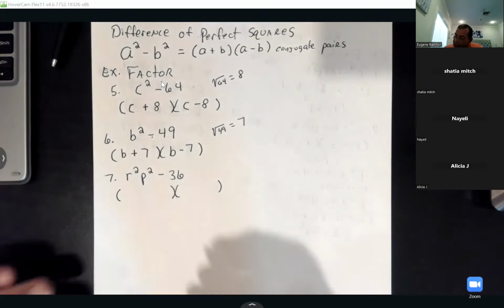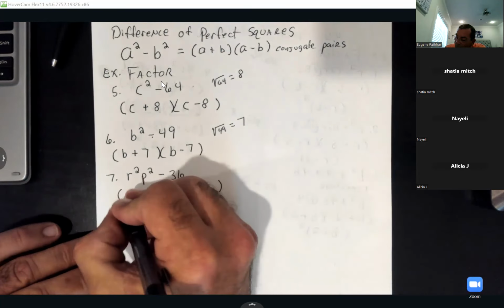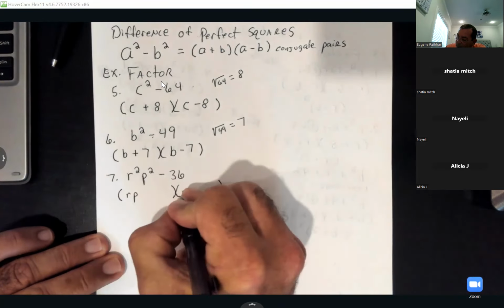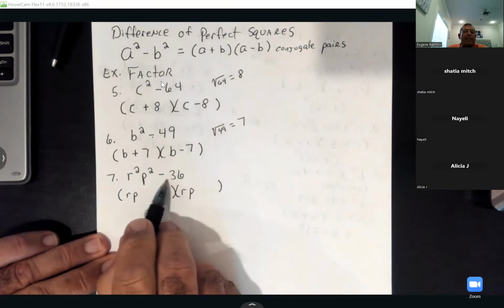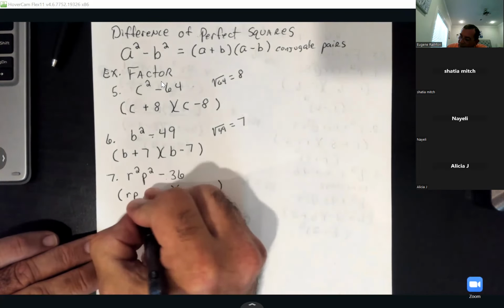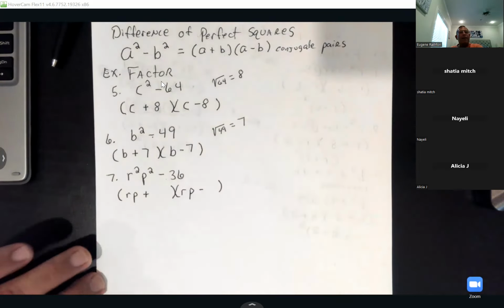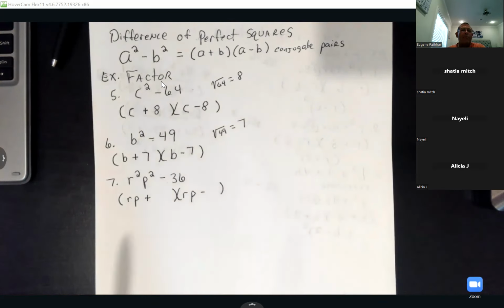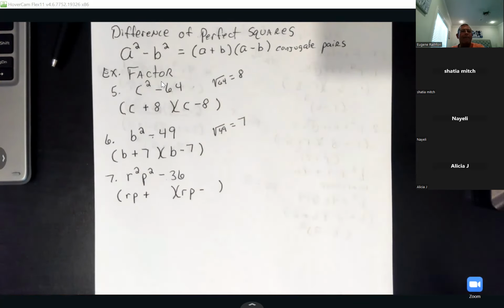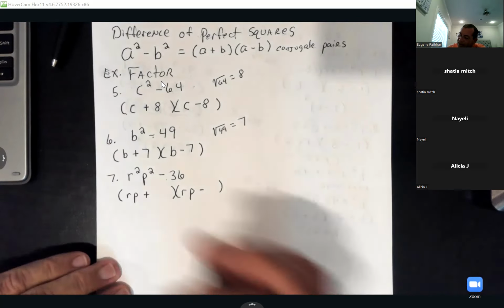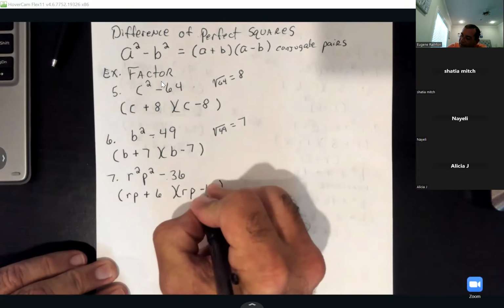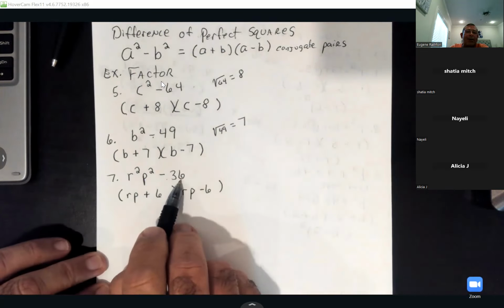Good job, Bree. It definitely is an rp on both. rp, rp. The last number is negative, so once again, we got a plus and a minus. What's going at the back of both of my parentheses? Definitely a 6. So that'd be the square root of my 36, okay?